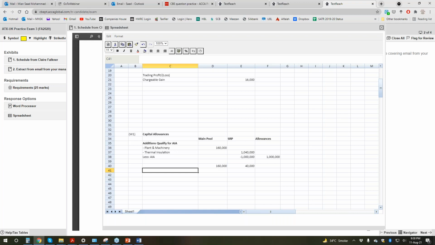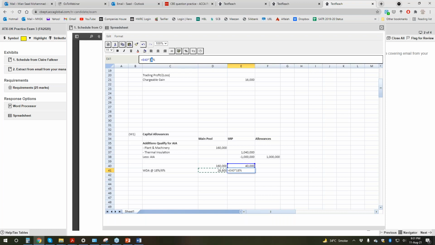Now I can charge WDA at the rate of 18% and 6%. It is easy, just apply the formula this times 18%, and you can copy the formula but change the percentage above to 6%.